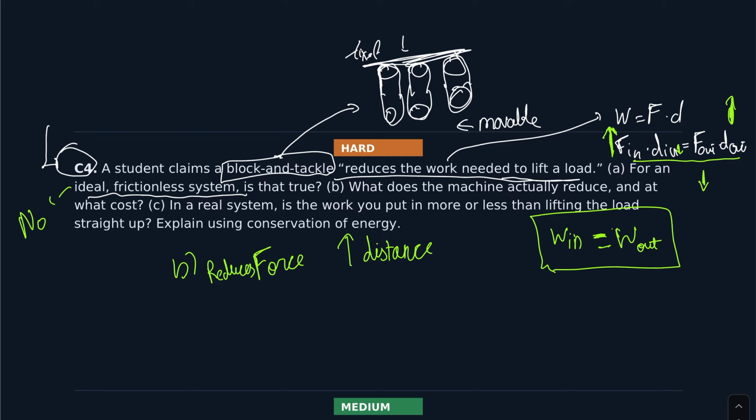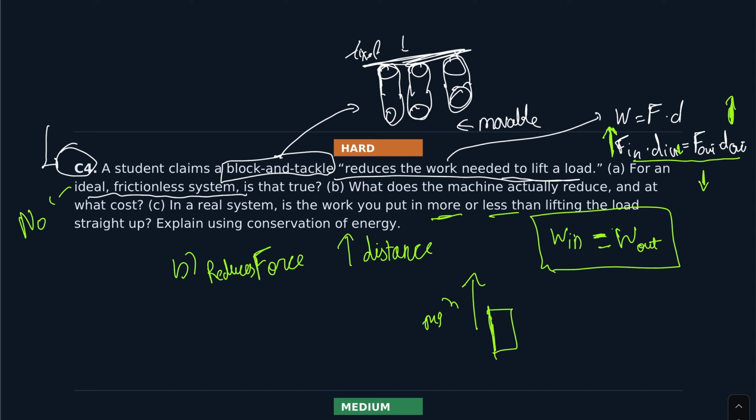Now, in a real system, is the work you put in more or less than lifting the load straight up? Explain using conservation of energy. Okay, if you lift the load straight up, you just take it upward, right? Just like that. And you count mgh, which is fine. Is the work you put in more or less than lifting the load straight up?